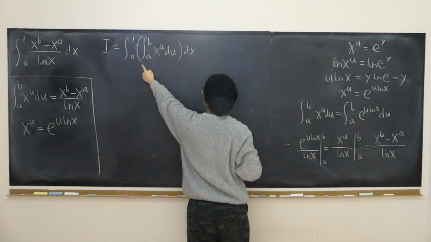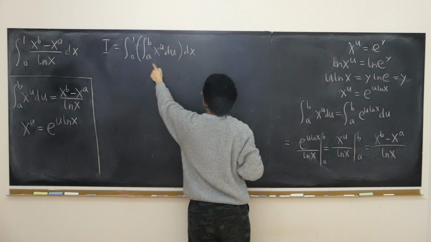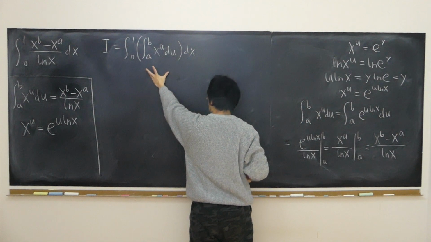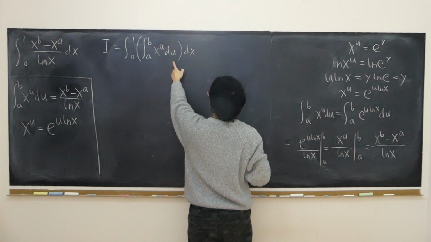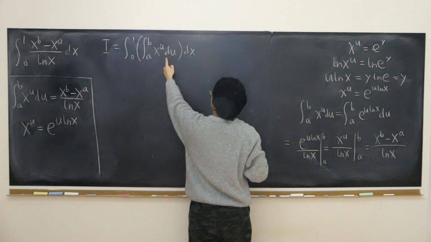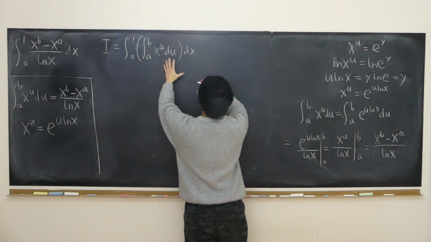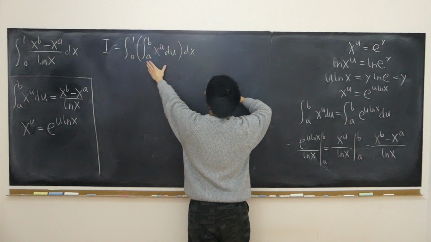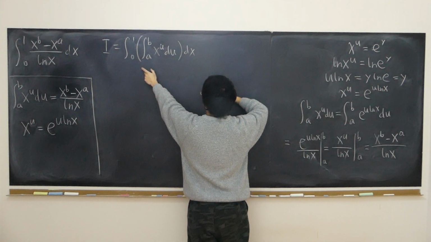Notice here that this inside integral will actually turn out to be a function of x. Why? Because remember, we integrate with respect to u first. Then after we get some expression, we replace u with a and b.